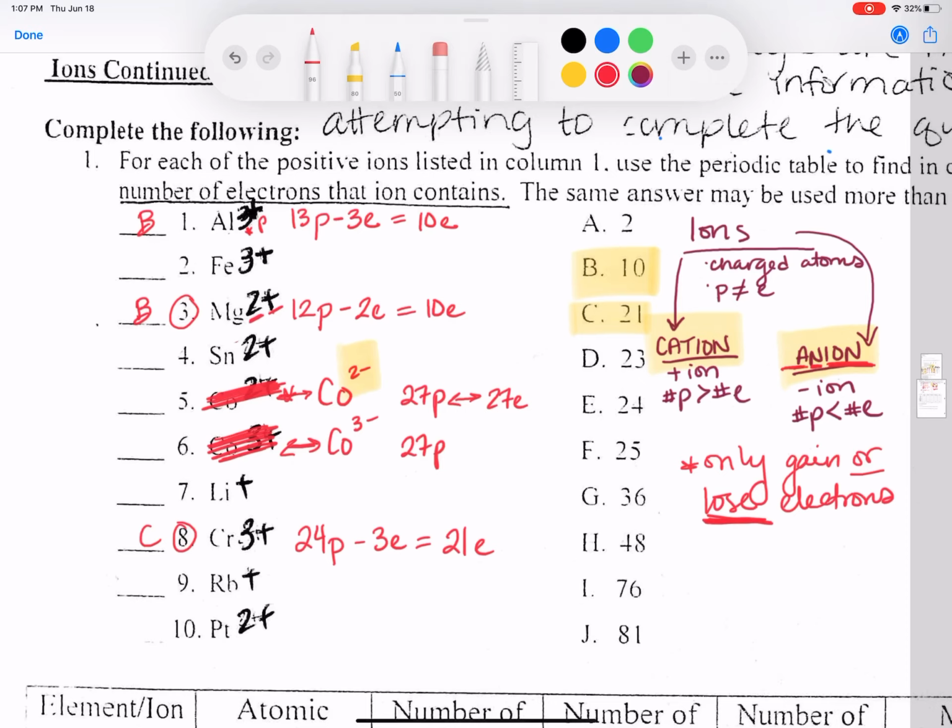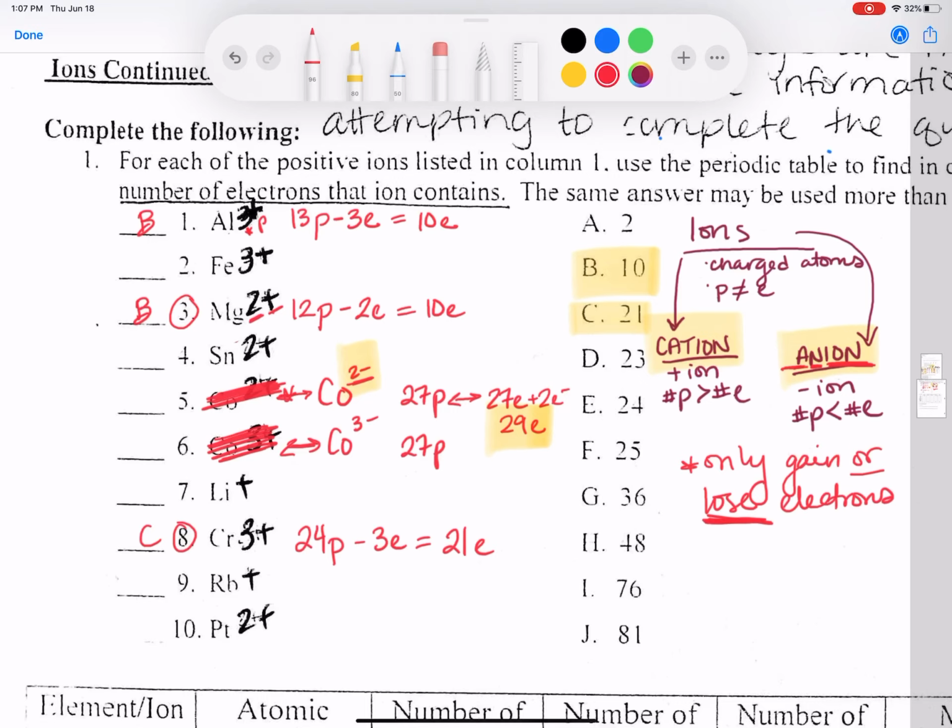But I've gained 2 more electrons because of the 2 minus charge. Let me add 2 more electrons to that. That now means I have 29 electrons. Because I created these problems, you're not going to have a multiple choice option for this one.